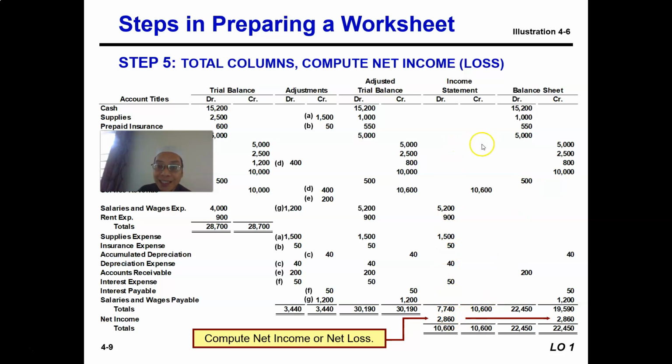So in case the business is not making profit, instead is making a loss, you will find that the total on the debit side will be more than the credit side, if expenses are more than the revenue, and you will need to enter the net loss on the credit side.